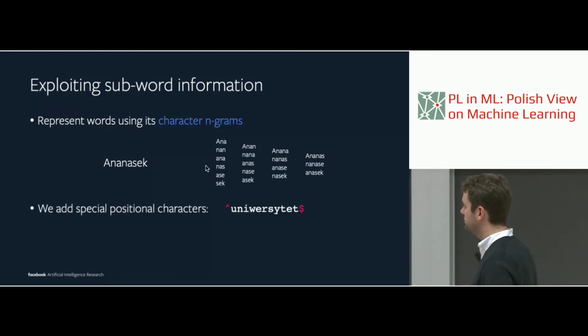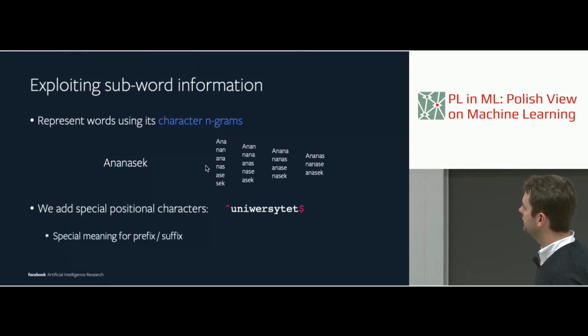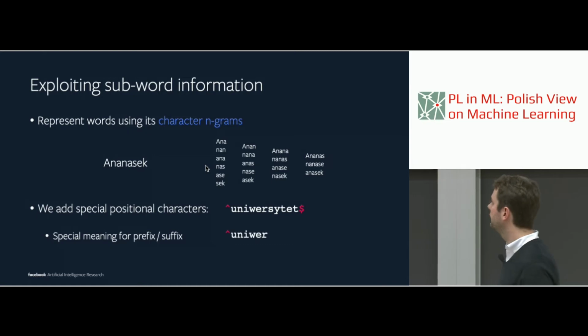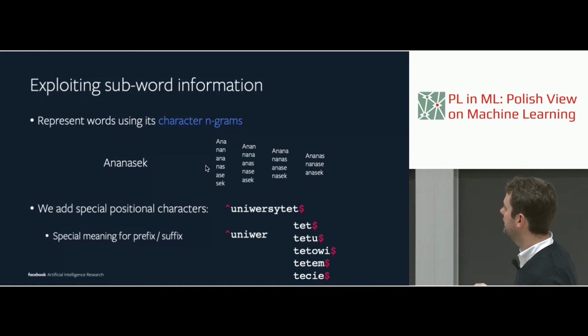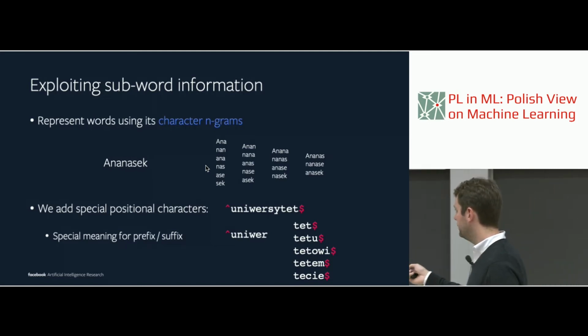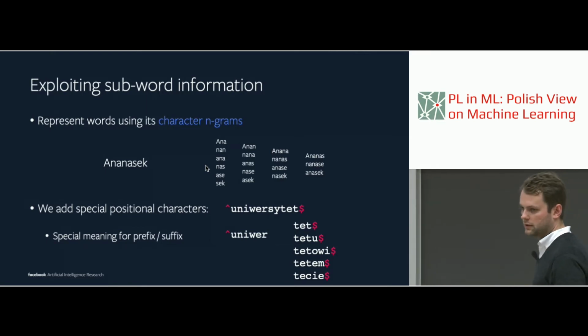We add some special positional characters at the beginning and at the end, so that there's a special meaning to the prefix and to the suffix of a word. So for instance, it's going to be like special character univers and a sequence of the characters and the end symbol, which are going to allow you to share also these grammatical inflections between different words in the vocabulary.